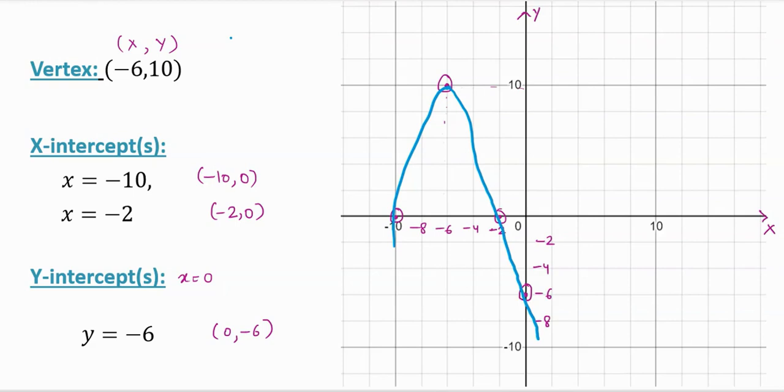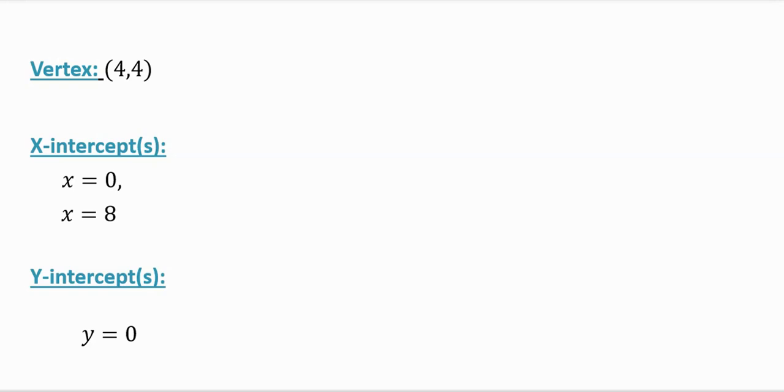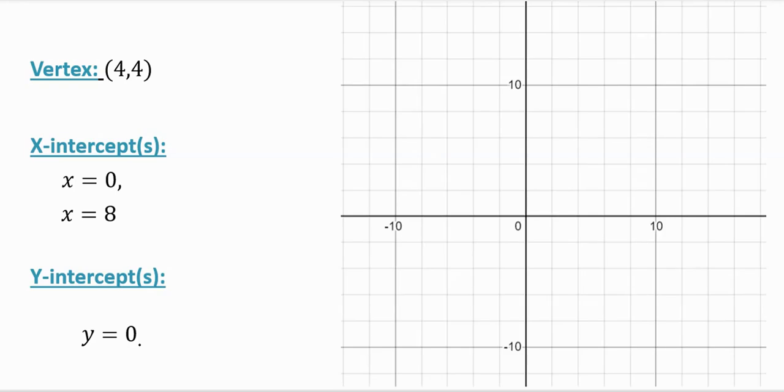Let's take another example. Here the vertex is given as (4, 4). The x-intercepts are 0 and 8, and the y-intercept is 0. Considering the scale for this and plotting it here, where is the point (4, 4)?